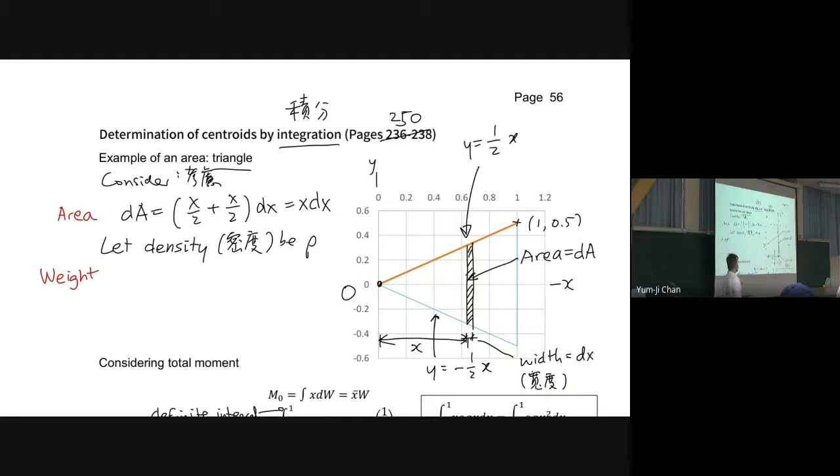Let's say the density is in kg per meter square, density per area.